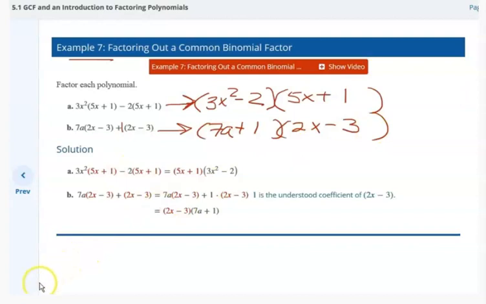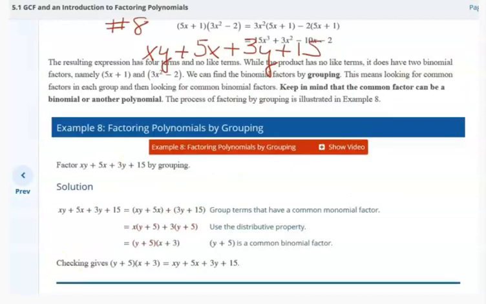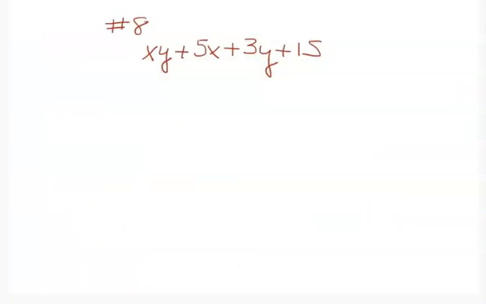Okay, let's go on. Now, this is example number 8. And it's 4 terms, and the instructions were factor by grouping. So notice there's no common factor in all terms, but if we kind of separate these first 2 and separate the second 2, is there something we could factor out of these 2?